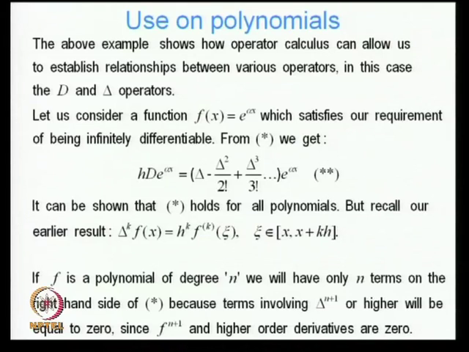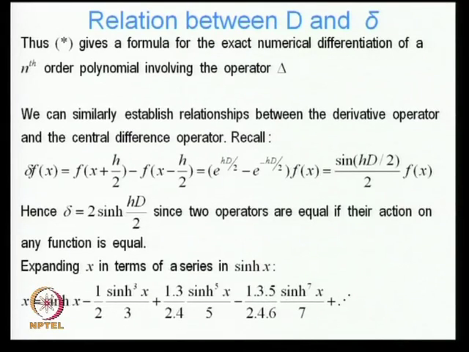So, if f is a polynomial of degree n, we will have only n terms on the right hand side of star, because terms involving delta n plus 1 or higher will be equal to 0, since f n plus 1 and higher order derivatives are 0. Thus, star gives the formula for the exact numerical differentiation of an nth order polynomial involving the operator delta.